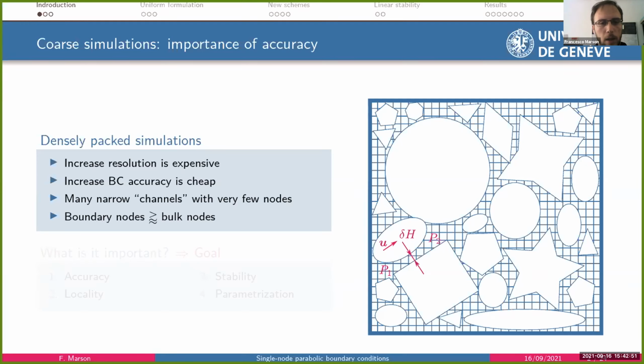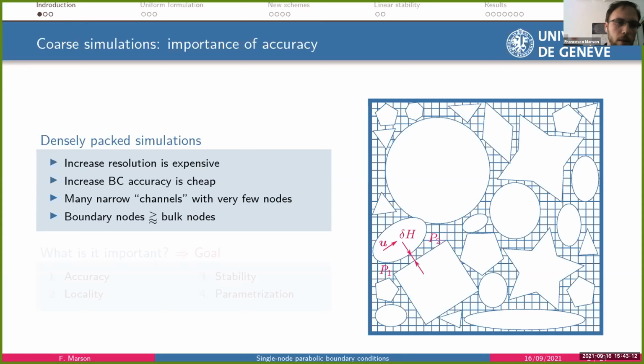If we run this simulation at a very coarse level, we will have many narrow channels with very few mesh nodes. We will also have many boundary nodes, and the number of boundary nodes can even be higher than the number of bulk nodes.